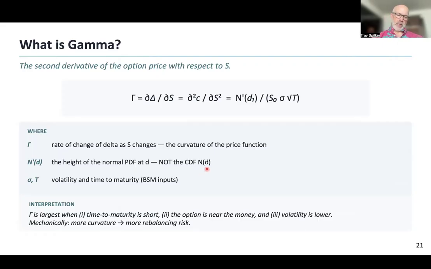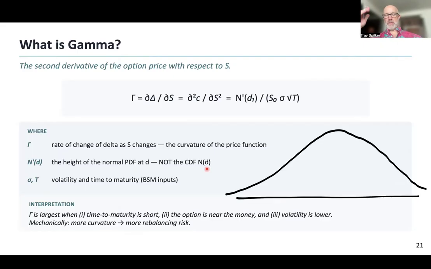Said differently, I'll draw you a picture here, right? So imagine this is a normal bell curve. Assume I drew that symmetrically. So this is, say, our mean return. If we're at a point here at d1, well, our n prime of d1 is actually the height of the curve evaluated at this point.